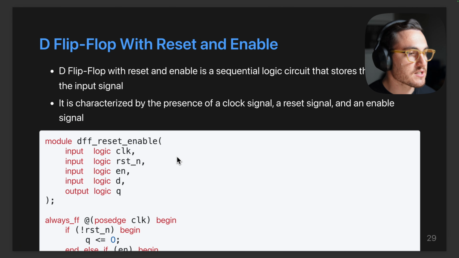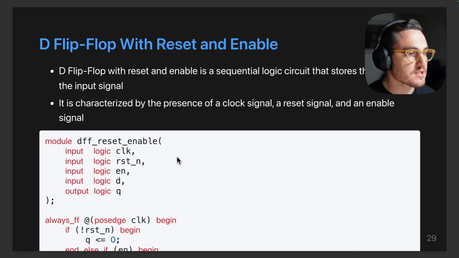The enable signal acts as a gate between D and Q. And here on the slides, it says merge dot. So we're going to open it here in the editor. And this is what it looks like.